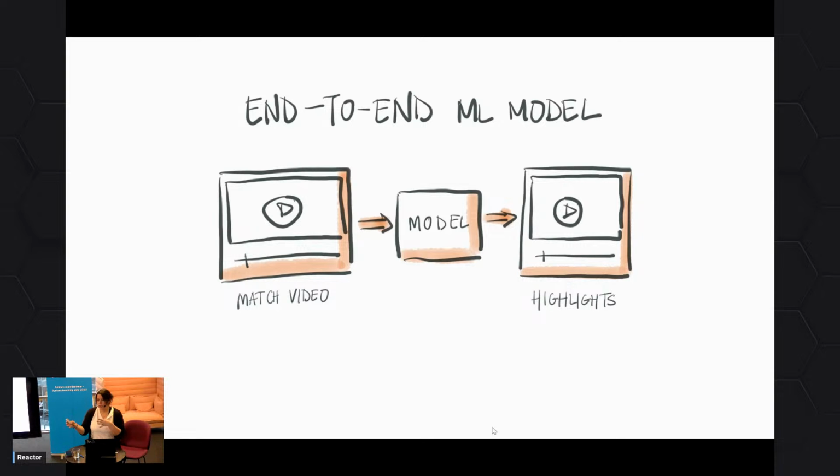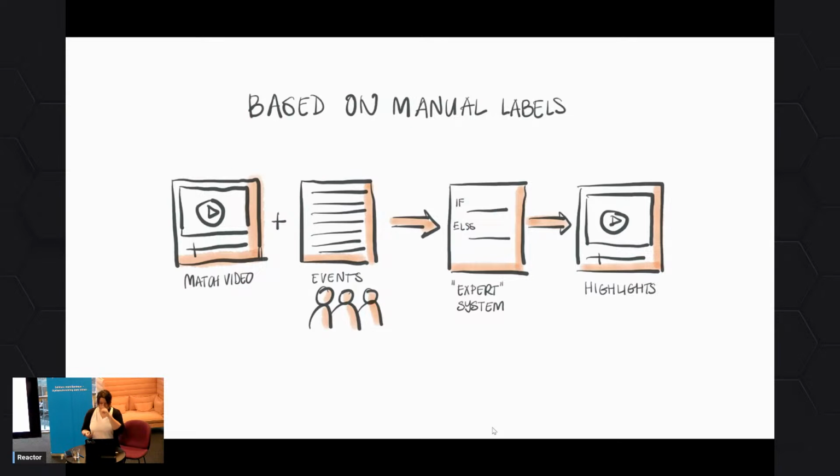In order to go from video to highlight directly, you would have to have a lot of match videos and a lot of matching highlight reels, and then for a model to be able to do the mapping. And we didn't have that much data, even though we did have a lot, because there simply aren't enough games. There aren't enough UEFA games in history to do a model like the previous one.